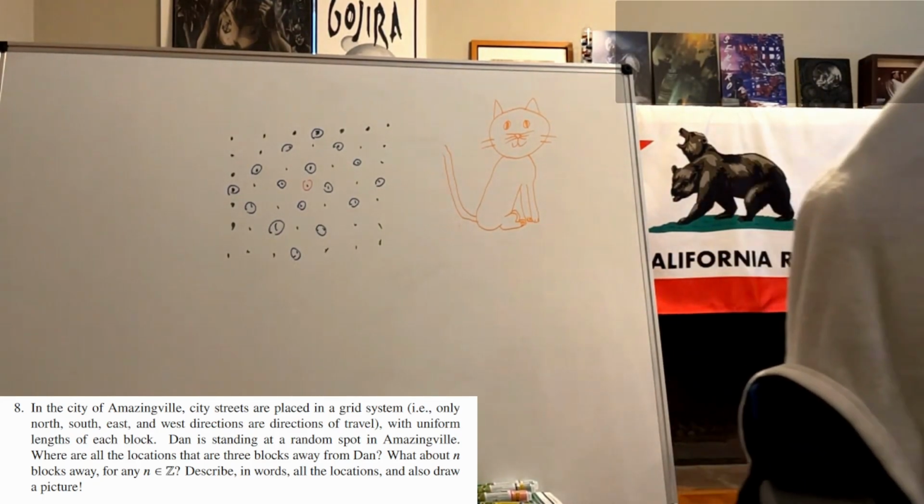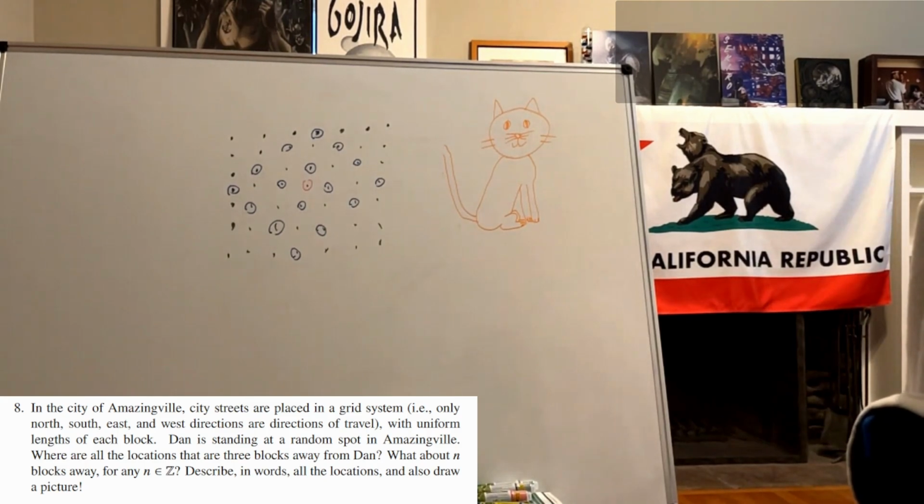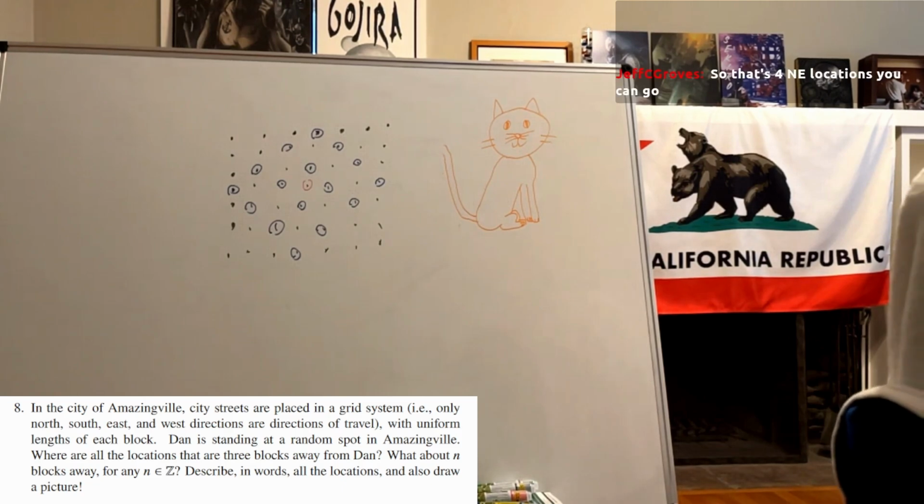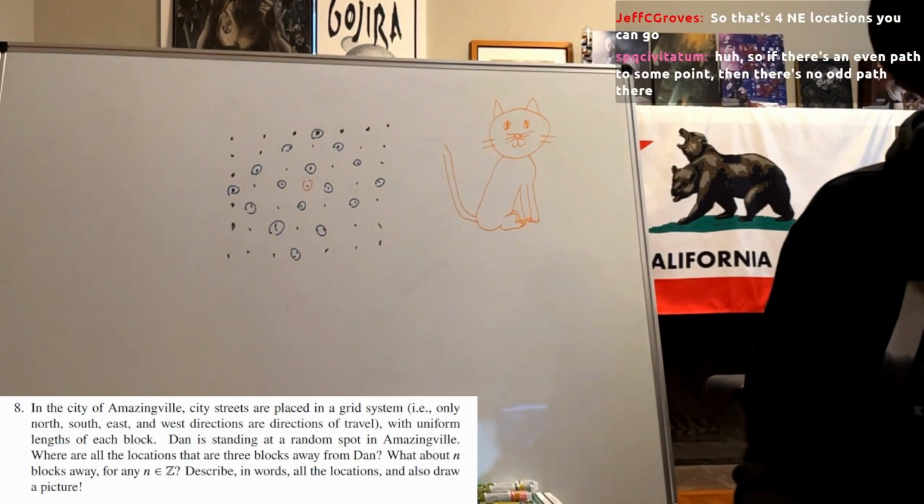If you're going northeast, you have to pick 0, 1, 2, or 3 norths, and the rest are east. That's 4 northeast locations you can go. Even path to top at some point.